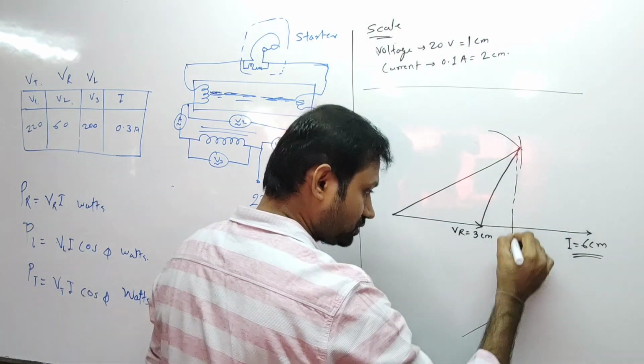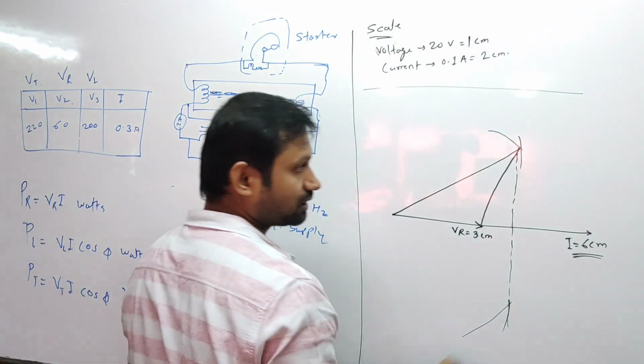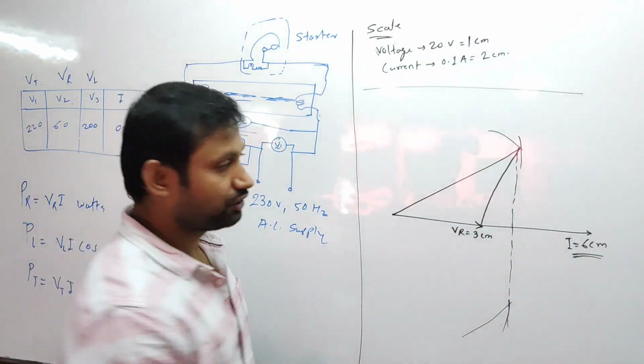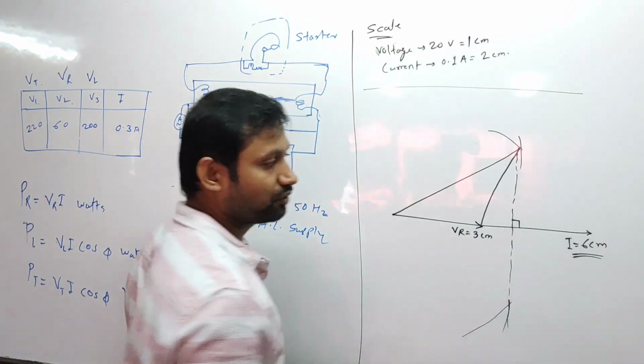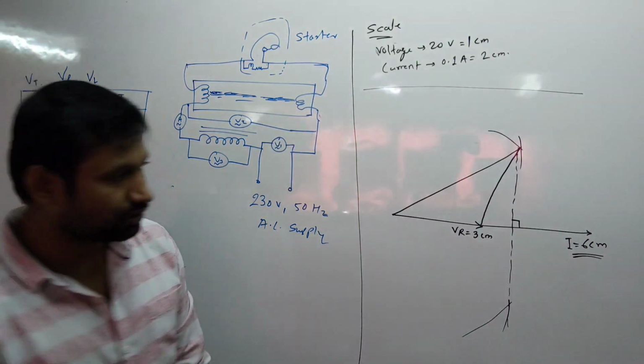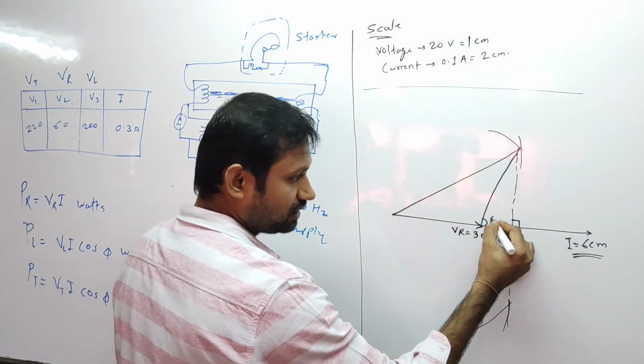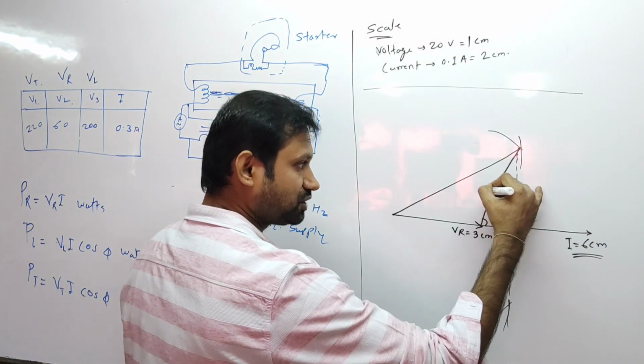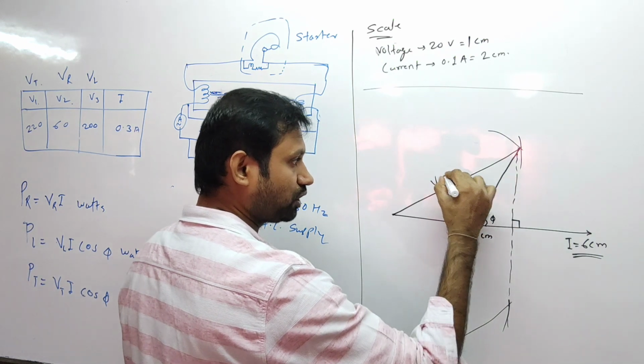Then plot the intersecting point, and you will get a right angle triangle here. You are getting two right angle triangles, and then you can apply trigonometry. You will get an angle here, I'll say phi. This is your VL, this is your total voltage.